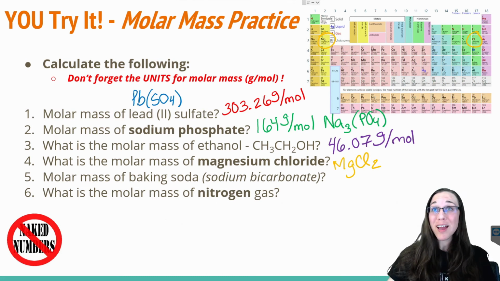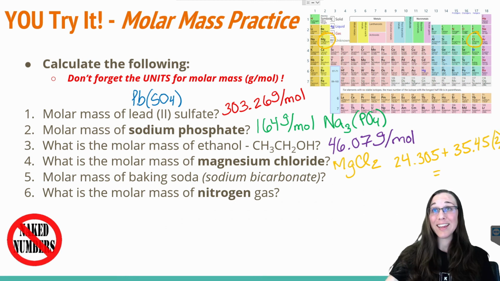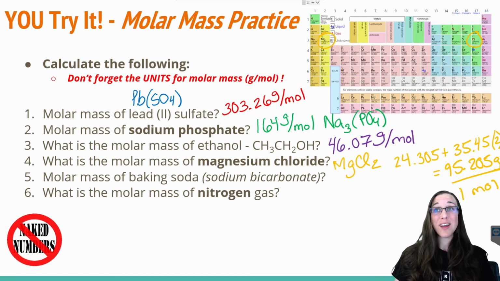So we have 1 magnesium atom present weighing in at 24.305 grams per mole. And we have 2 chlorines present. Each chlorine weighs 35.45, and there happens to be 2 of them. Adding that all together, we get 95.205 grams per 1 mole. So if we were going to weigh out 95.205 grams of magnesium chloride, we'd have 1 mole of magnesium chloride.